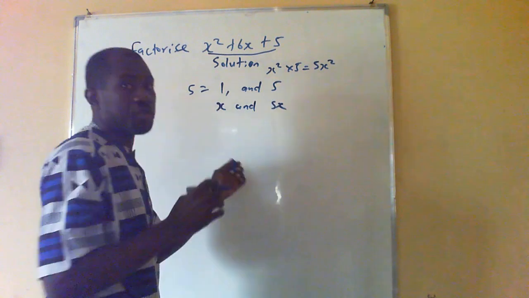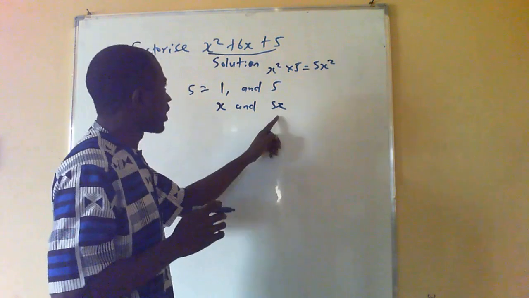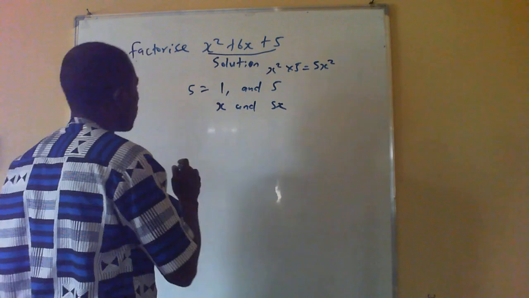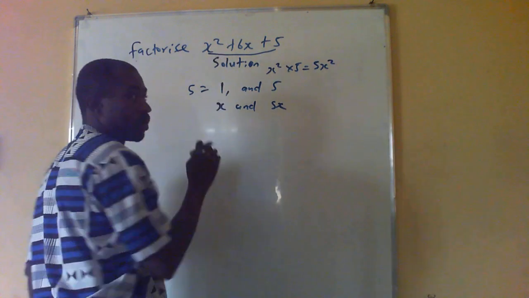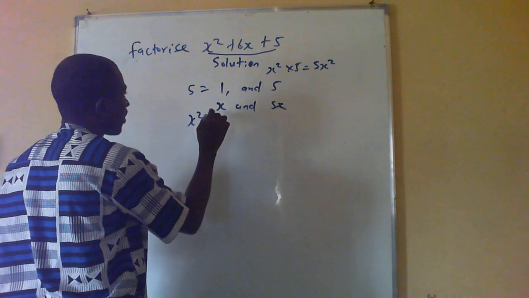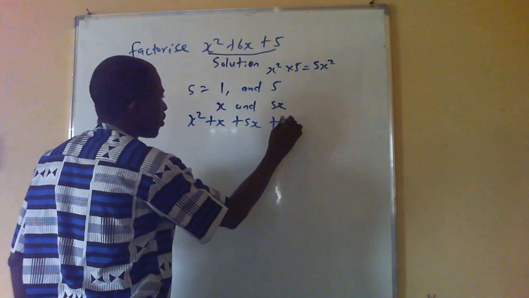These two numbers will substitute this 6x. So we write the equation like this: x squared plus x plus 5x plus 5.